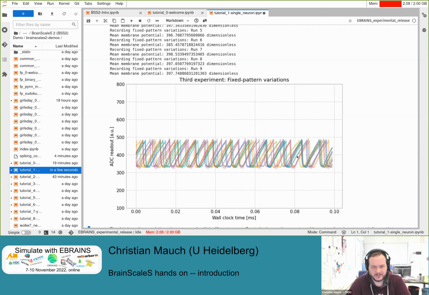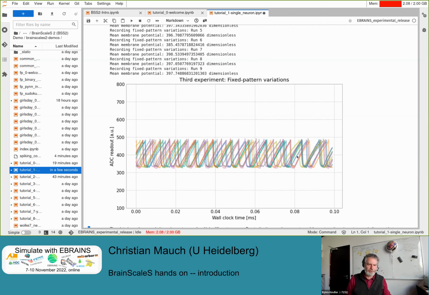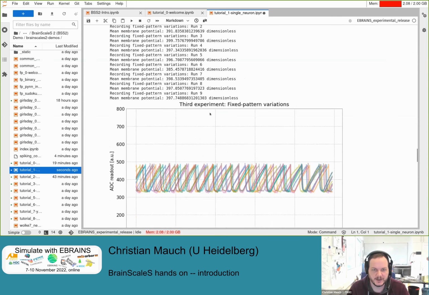It's just an effect of when this specific run was started. And it's also just the nature of this analog hardware. It's continuously running. It's not a simulation that is executed with all parameters defined, but every neuron is running for itself.